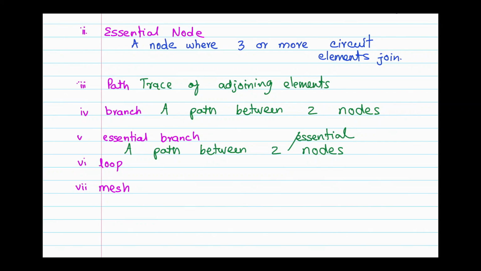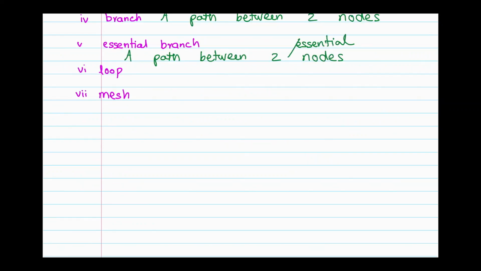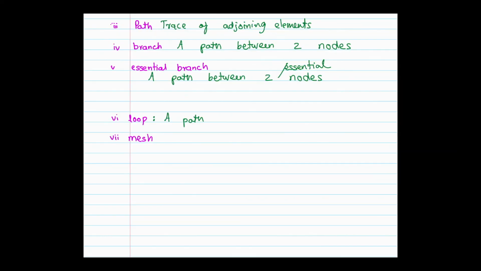Okay, now a loop, this is another definition that we will use over and over again. A loop is a path where last node is the same as the starting node. That's what the textbook says.